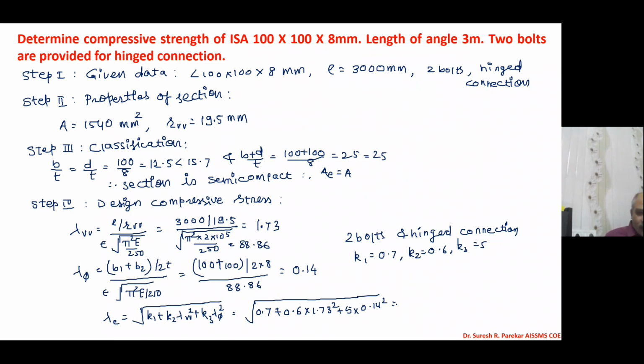And we will get this value, that is 5 into 0.14 square plus 0.6 into 1.73 square plus 0.7. Root of this is 1.61. Then knowing lambda E, we have for single angle section, buckling class is C, and therefore alpha 0.49.